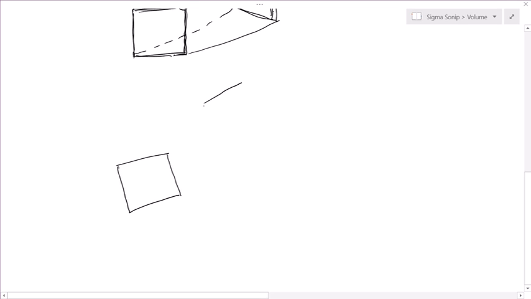So I have this kind of face. This is one face, that's another one, and I connect them, and I see that the bases are the same, but the bases are not parallel. So this is not a prism.